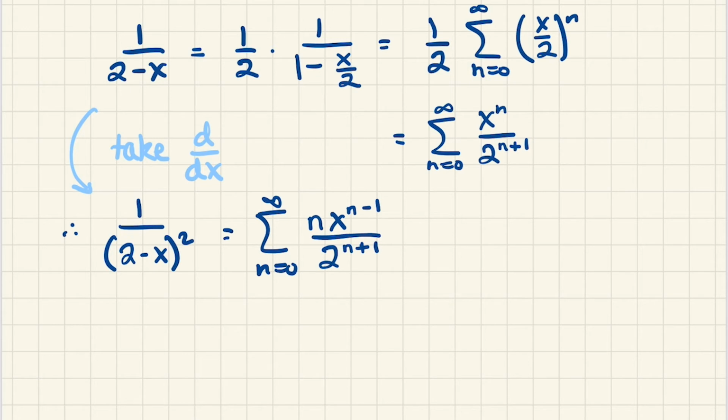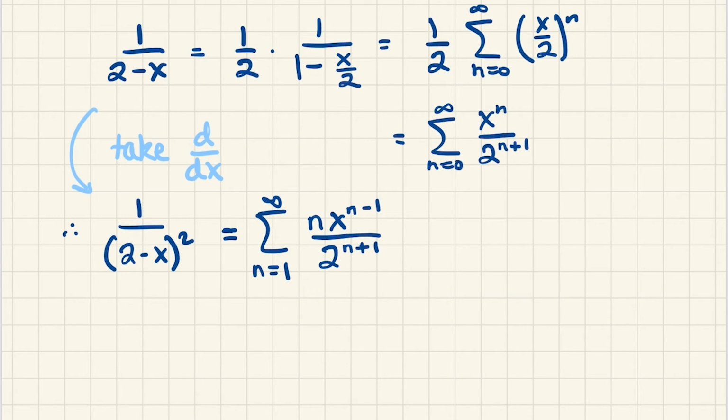So we don't do anything to the 2 to the n plus 1. Remember, it's a derivative with respect to x, not with respect to n. All right, and we're not quite done because the first term of this series is 0. If you plug n equals 0 in, you just get 0. So we might as well start this, and it's good practice to set that equal to 1. So the first term of this will be an actual non-zero number.